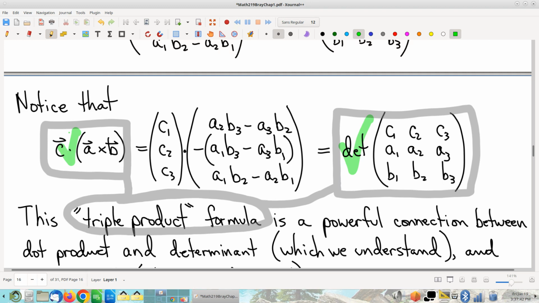And as we go through, and if you look at the arguments that I'm going to be waving my hands at as we go through this stuff, you'll see that our knowledge of determinant and our knowledge of dot product is going to help us answer questions about cross products. A lot of it comes out of this exact formula. So this is what I like to think of as a good foot in the door for drawing a lot of very powerful conclusions.